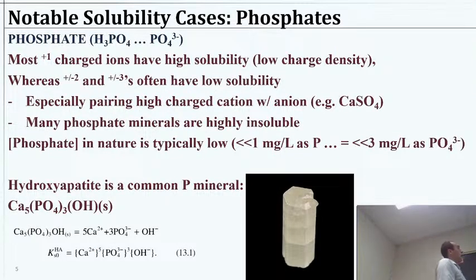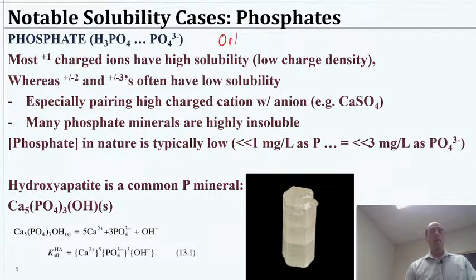Phosphates are another one that is quite important for both biological and natural systems. We often talk about corrosion control, and you'll see this a lot with the Flint water crisis and water distribution system things.